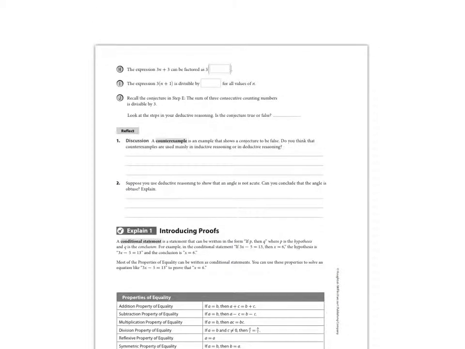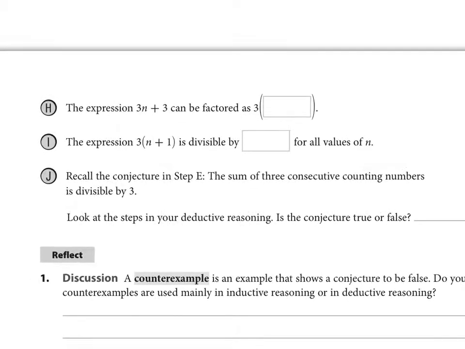So we can factor the 3n plus 3, meaning we're going to do a backwards distributive property. 3 goes into both 3n and 3, and so I can write it as 3 times the quantity n plus 1. Again, if I use distributive property, I get 3n plus 3.